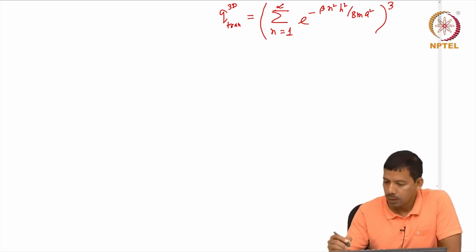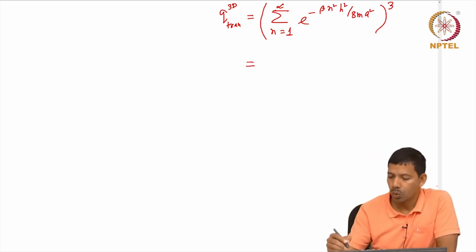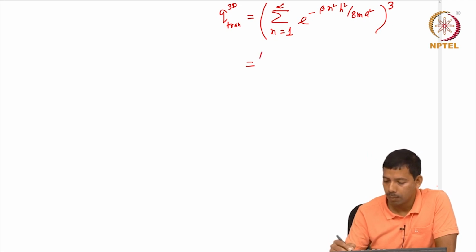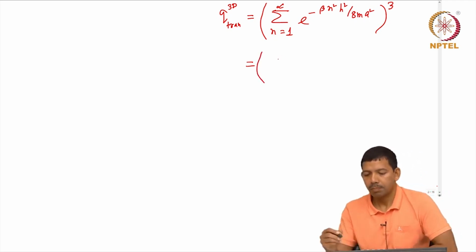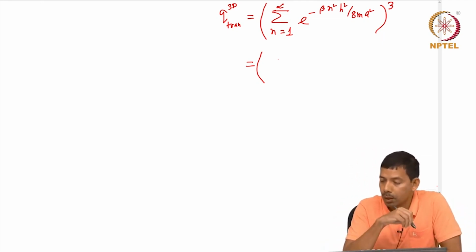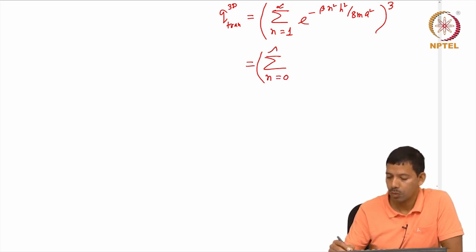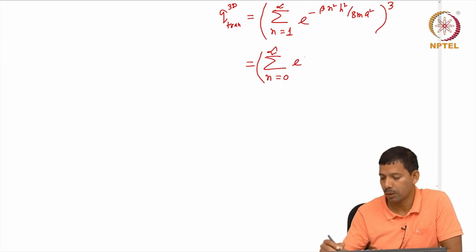So, we can simplify this further. Let us see how. We basically now apply a few mathematical tricks. Our sum goes from n equal to 1, because the quantum number is an integer, but for the sake of mathematical simplicity we want to change the limit from n equal to 0 till infinity. How do we do that?